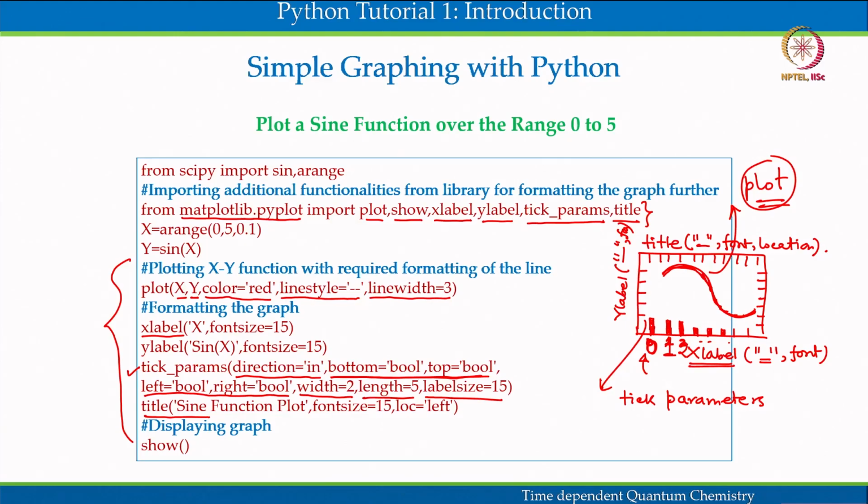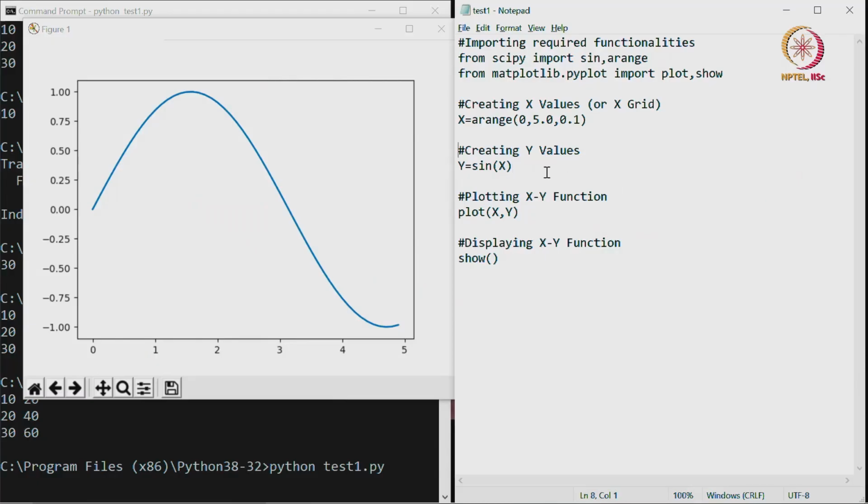Let's look at the laptop and change the formatting. So I have x and y values. Then first we will be formatting the plot. Plot will be formatted by different color. Color equals red, then line style equals, line width equals 3.